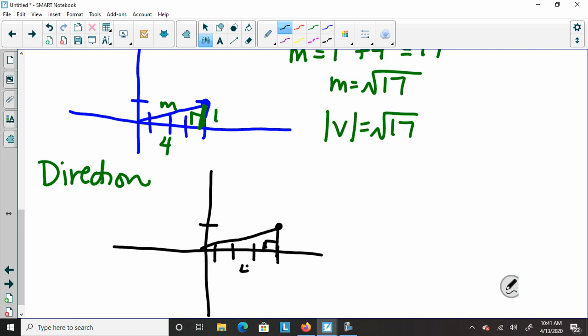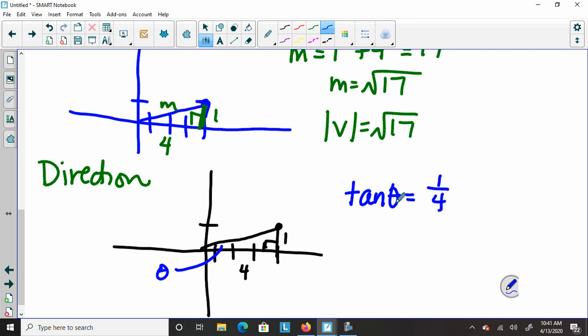So let's say that's 4 and that's 1. The angle we are looking for is this angle right here. This is our theta. So we're just going to think about what trig function we would use. That's an opposite and an adjacent. So opposite and adjacent would be tangent. So tangent of theta is 1/4.